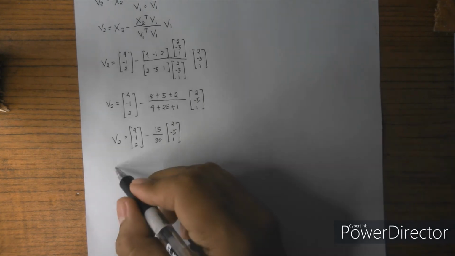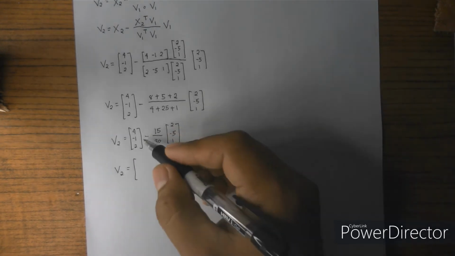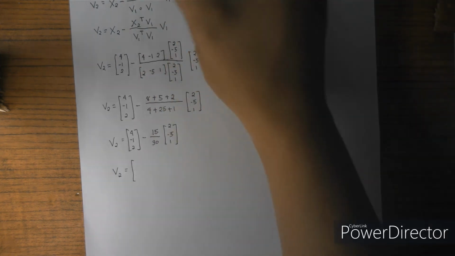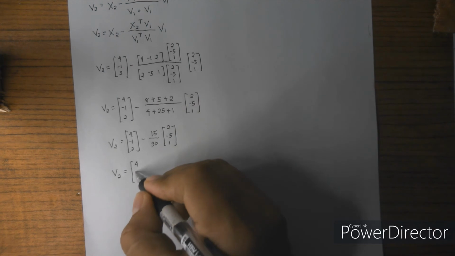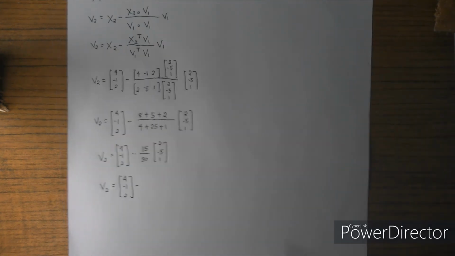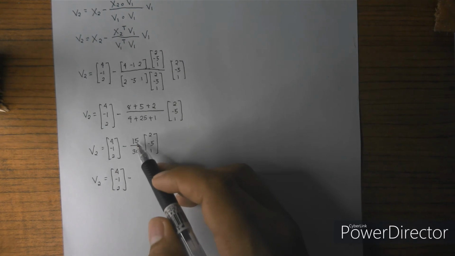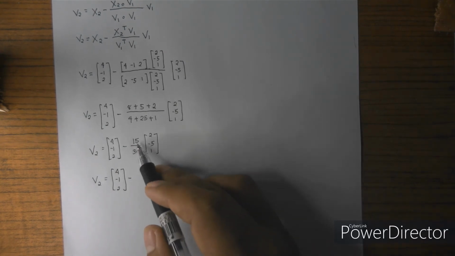So let us proceed. v sub 2 is equal to our reference (4, -1, 2) minus. Simplifying, 15 over 30 is equivalent to 1/2.